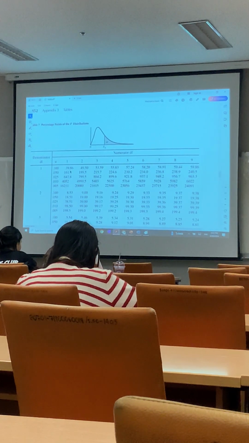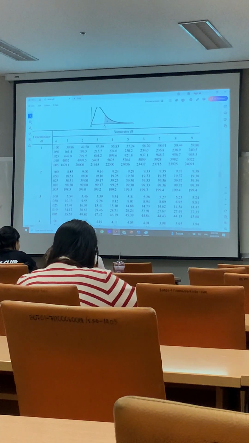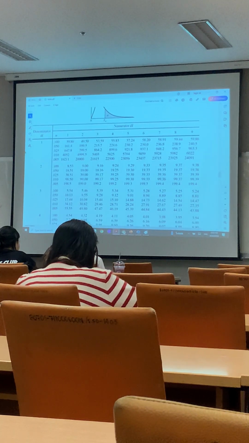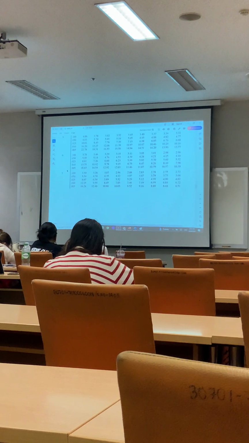So there are different types of tables for the F distribution. This one is quite good, it's quite succinct, but still we're going to have a lot of tables. You can see that now in terms of numerator, I go up to 9, right? And in terms of denominator, I go to 7.